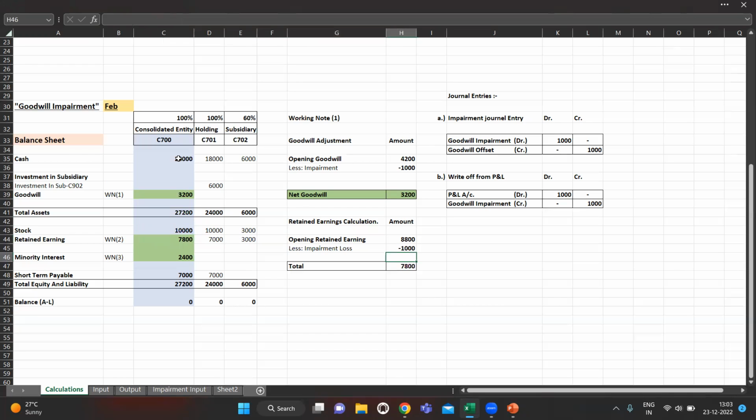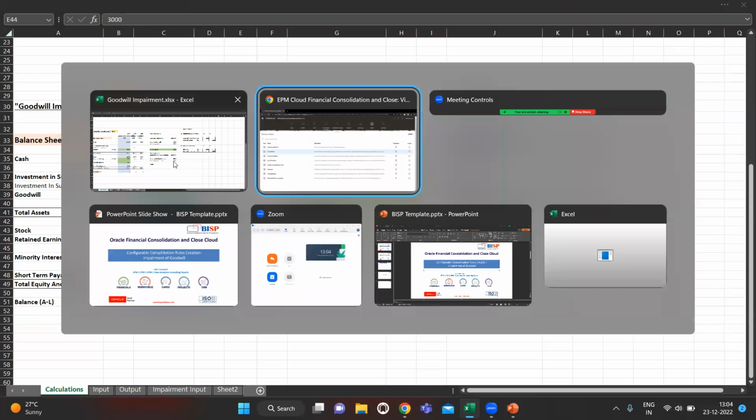In the second working note, you can see this is the working note 2. Okay, you can see here we are impairing the retained earning by 1000, and it comes to 7800. Okay, so let's see and make the rule.